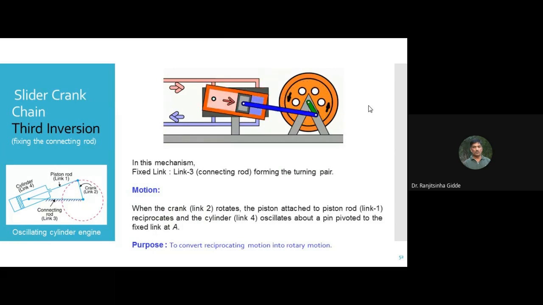So this is the third one. What you are observing here, this is the connecting rod which is fixed. In the previous one the crank was fixed.